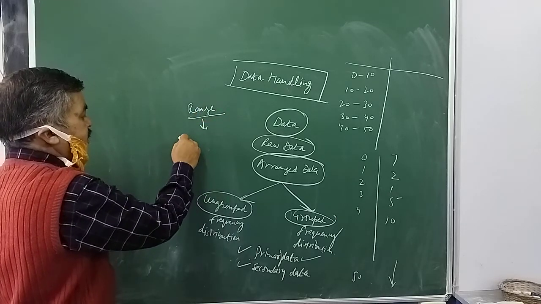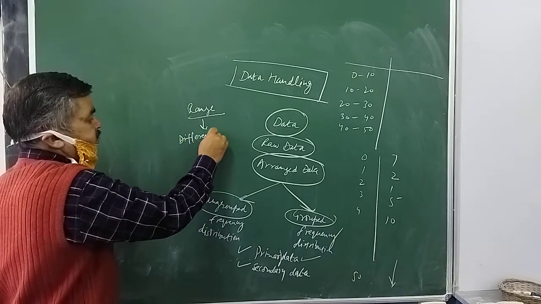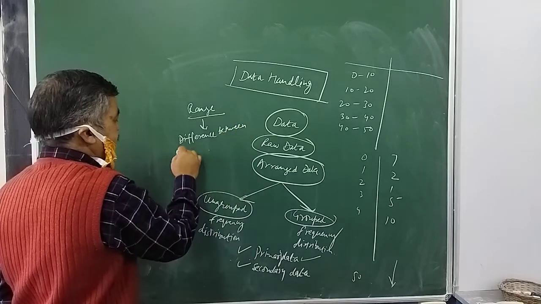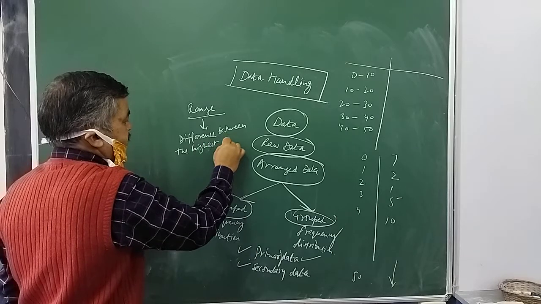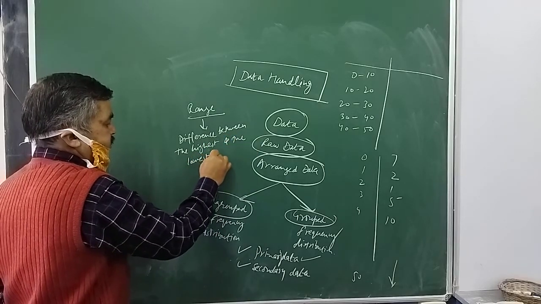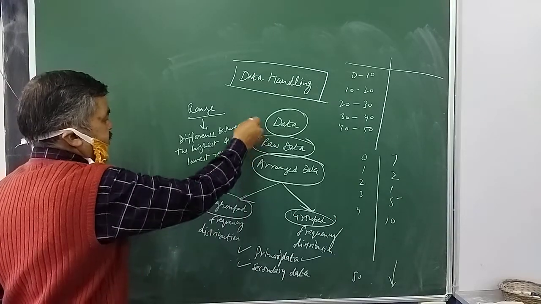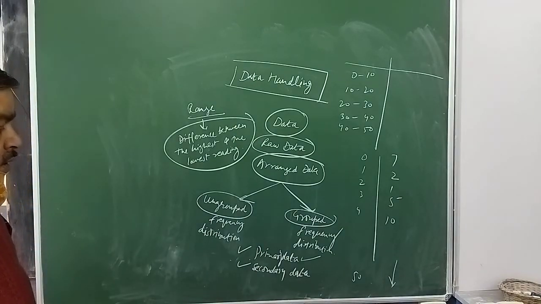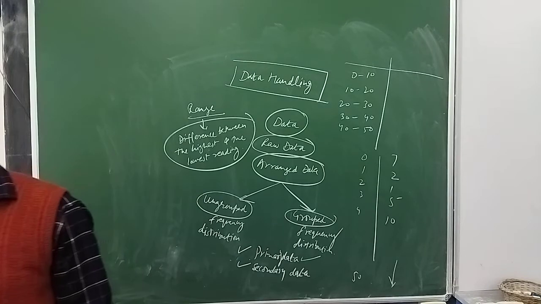The range is the difference between the highest and the lowest reading. So this is the range of the data. That can also be asked, what is the definition of the range of the data?